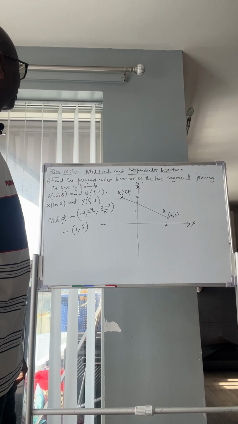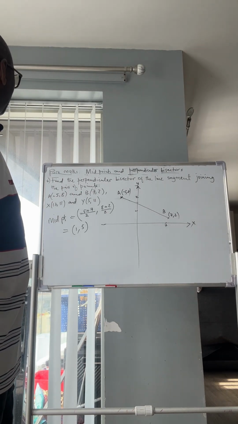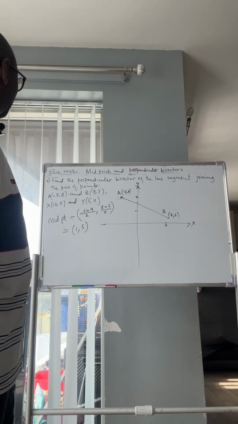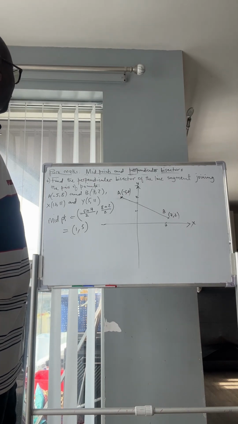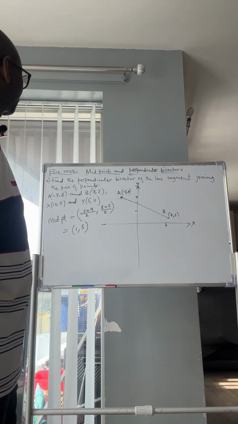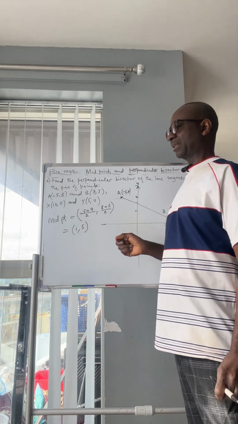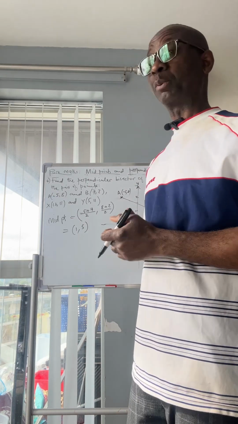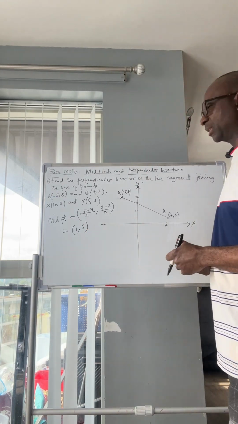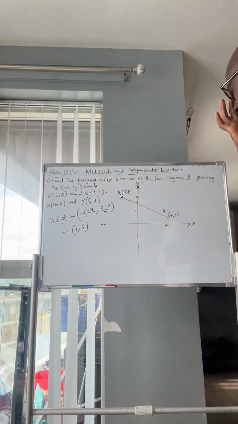So if that is the case, how do we find the equation of this perpendicular bisector? What we know already is that when two lines are perpendicular to each other, the product of the gradients of those two lines is equal to -1.